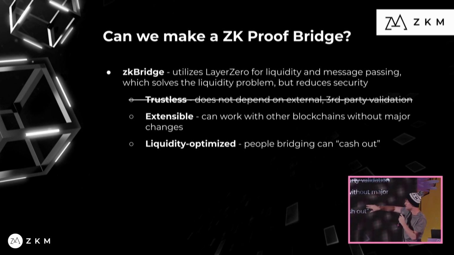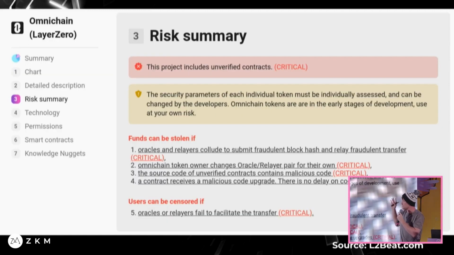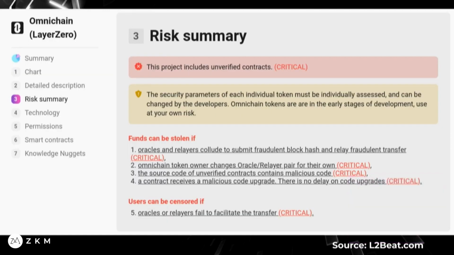So in their solution, they focused on extensibility, because layer 0 is implemented across different types of solutions, as well as liquidity optimization. Unfortunately, for the security part, we can take a look at layer 0's omni-chain model, and we have a lot of red things, scary.